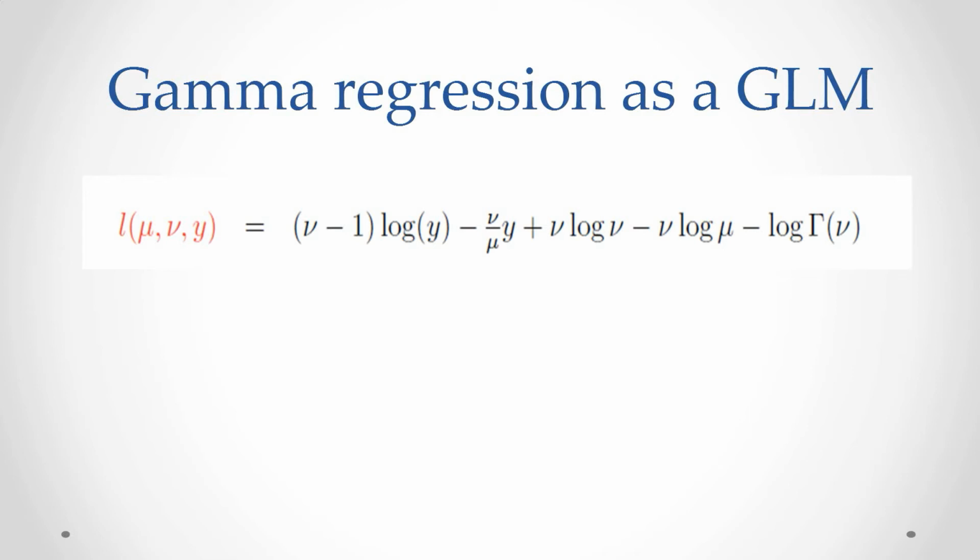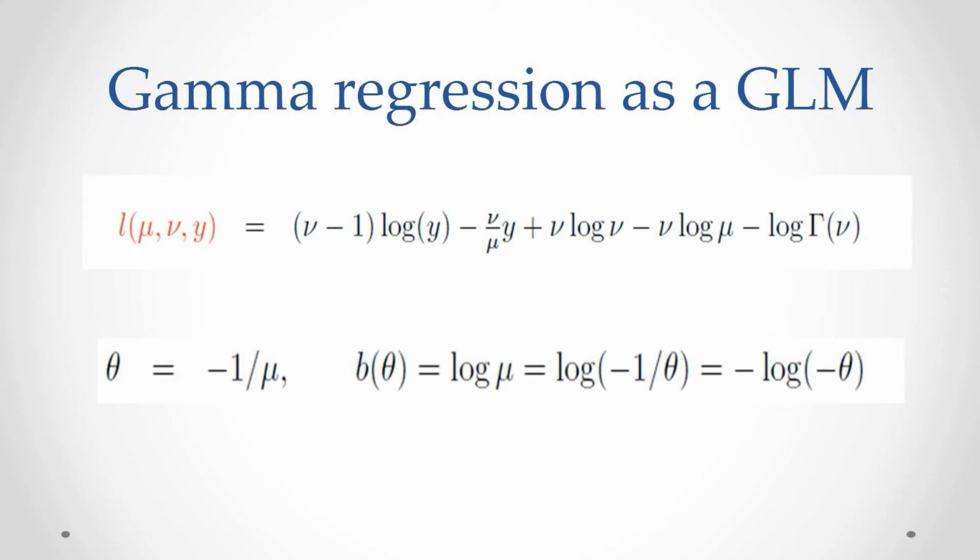This can be brought into the standard generalized linear model framework by rewriting this as nu into minus y by mu minus log mu, plus some function c of y and nu. This means that the canonical parameter is given by theta equal to minus 1 over mu, b of theta equal to log mu, equal to log of minus 1 over theta, or minus log of minus theta. The scale parameter is given by 1 over nu.